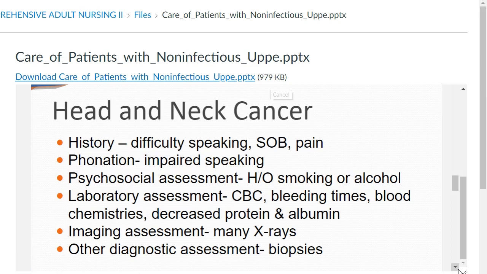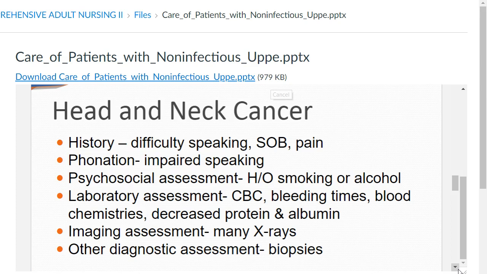A lot of times tobacco and alcohol may play an increased risk of acquiring these types of cancers, but the actual cause is unknown. Sometimes we see it in people who kind of abuse their voice, poor hygiene, or some of the research has shown that people that have GERD, this may also be a cause or a risk factor.